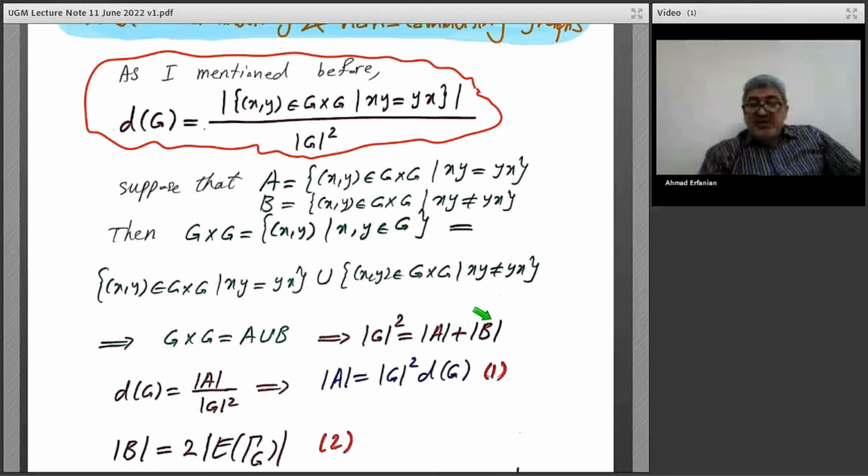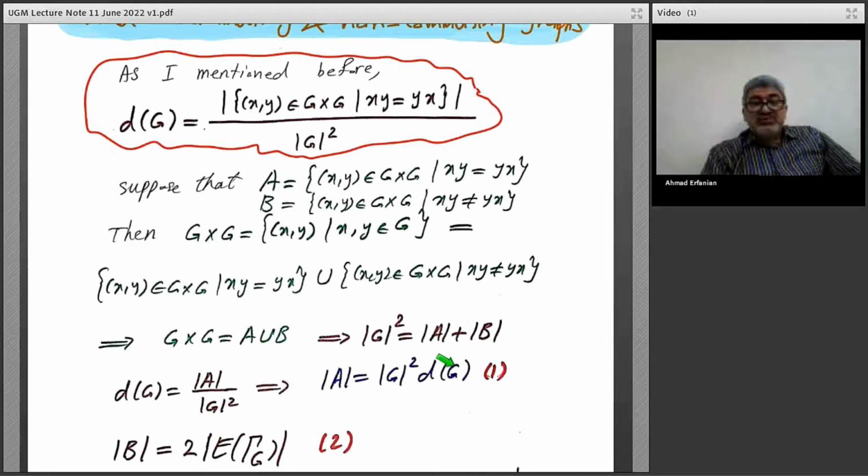Now, you can see that the Cartesian product G cross G is the union of A and B. So the order of G cross G, which is the order of G squared, is the order of A plus the order of B, because we don't have any intersection between A and B. So you know that the commutativity degree is the number of all commuting pairs, which is A. A is the set of all commuting pairs.